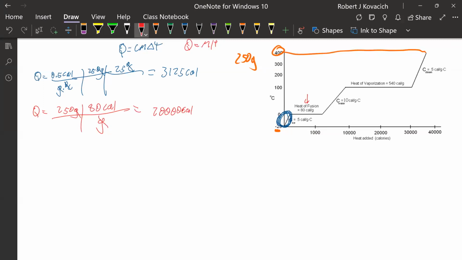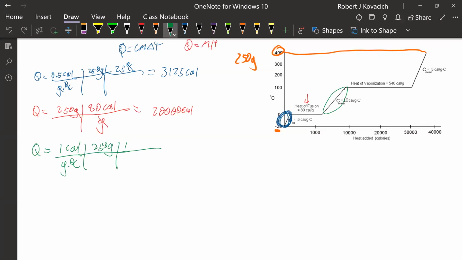All right, my next thing is I'm going to raise the temperature of the water from 0 up to 100. So that means I've got to use my equation that's got a change in temperature in it. So Q is equal to, in this case, 1 calorie per gram degrees C, because we're talking about liquid water, and then 250 grams.